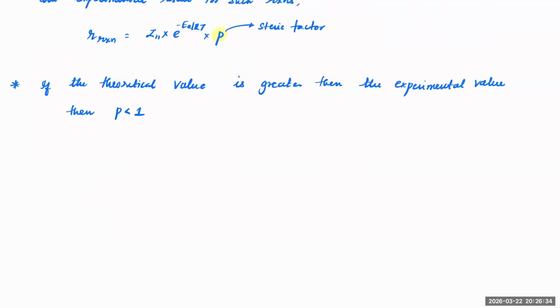So because theoretically we are getting a larger value, that means that steric factor has to be such a way it should try to minimize that value and try to match it with the experimental value.